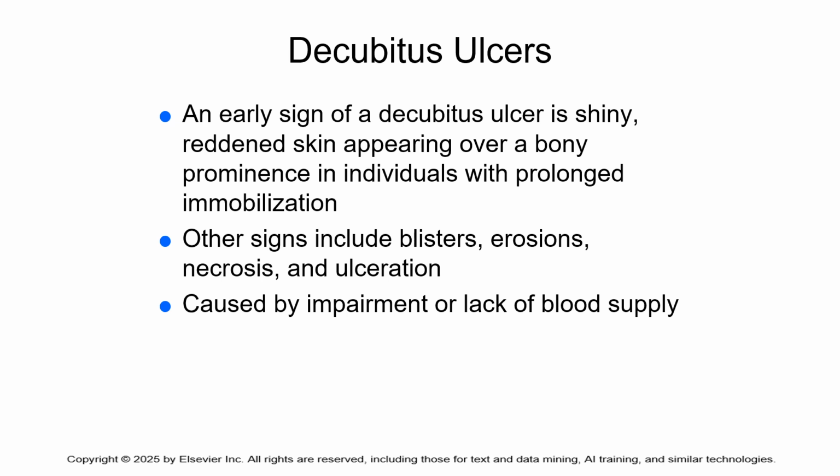Usually, it's diagnosed by what you see. They may do a culture and sensitivity to see what else might be involved, but it's usually red, shiny skin over a bony prominence. So take a patient at home who has had a significant leg fracture and isn't able to get up much, so they're laying in bed, let's say, 20 hours out of 24, and maybe only getting up and sitting for an hour or two beyond that.